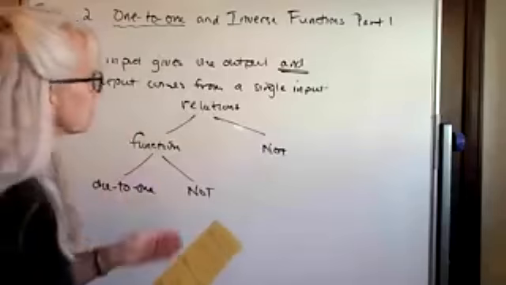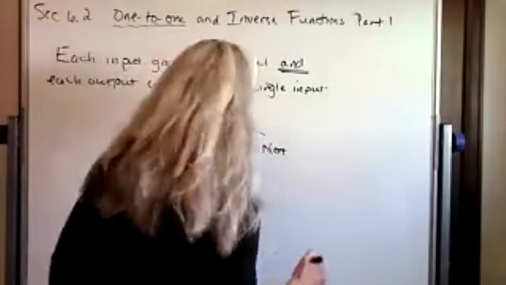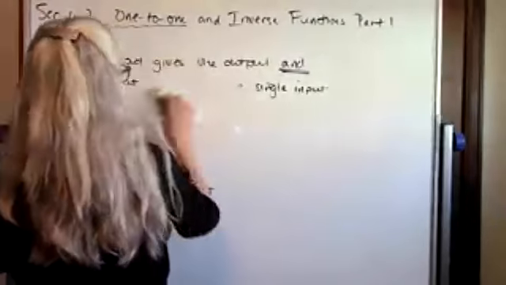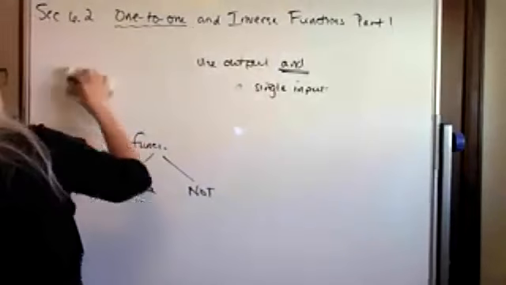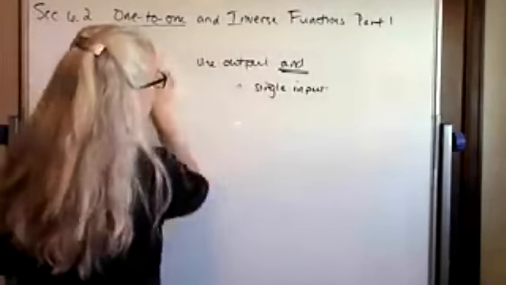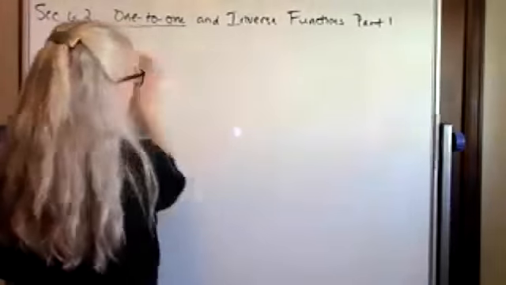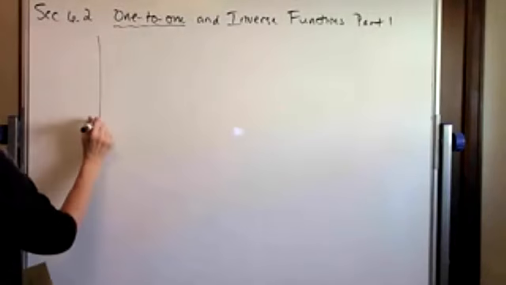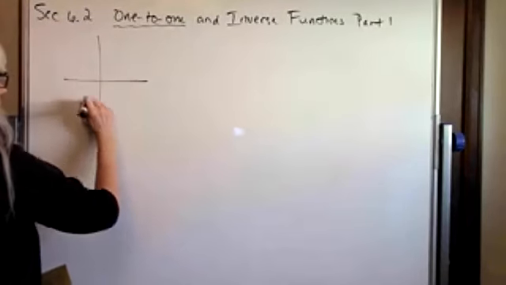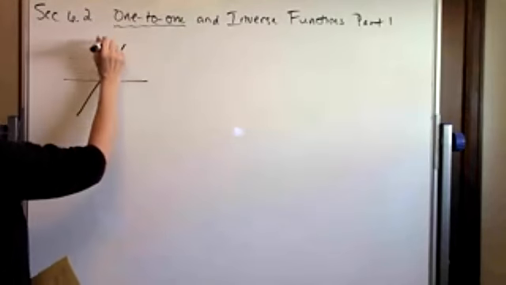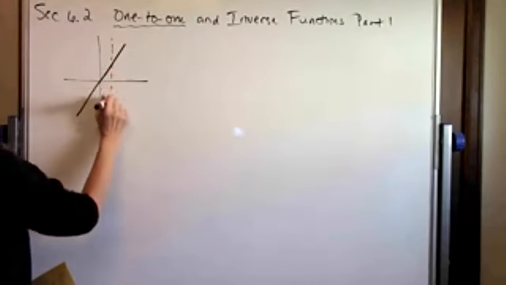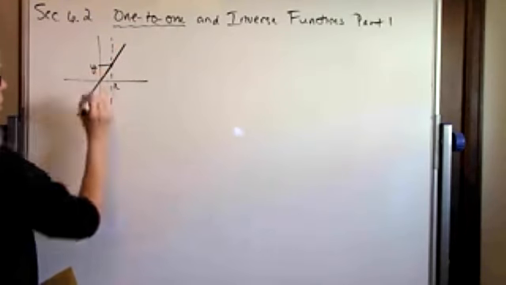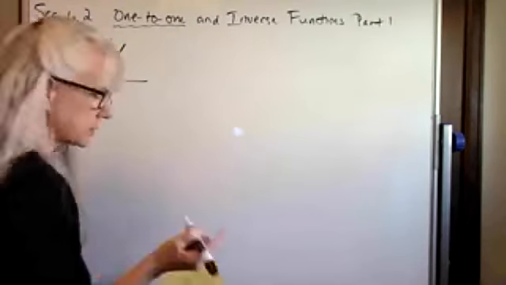So in terms of pictures, there are two pictures on the handout, because I need more room. From a graph point of view, let's deal with a line first. What we're going to do is randomly pick a value for x. So here's an x, and notice that it has a single y that corresponds to it.